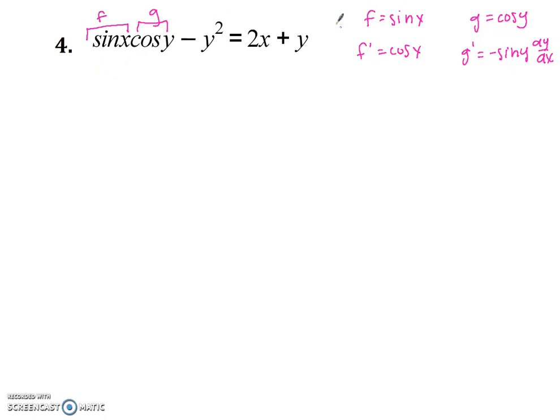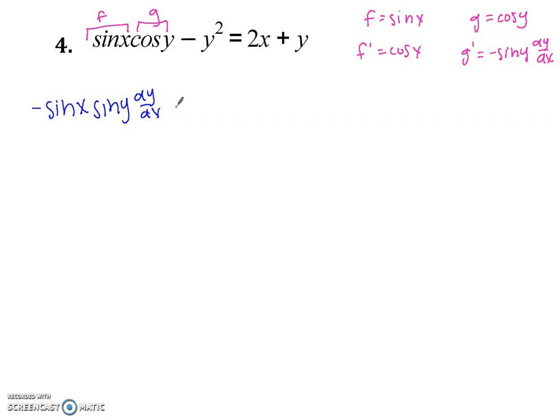So then our product rule here, f times g prime, that's sine of x times negative sine of y. So that'll just be negative sine of x, sine of y, dy/dx. Okay, you can't multiply these sines together because one is a sine of x and one is a sine of y, so they stay separate.